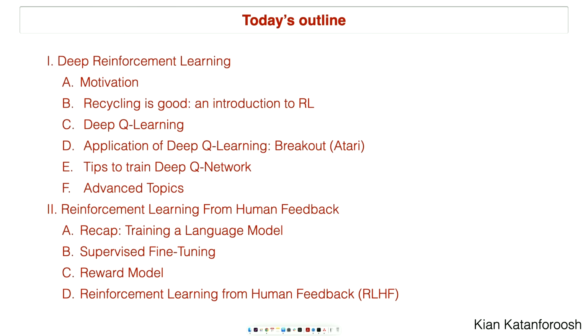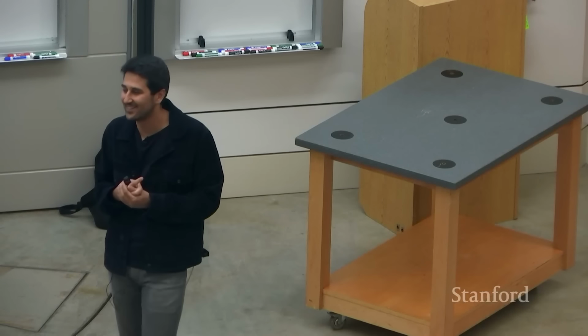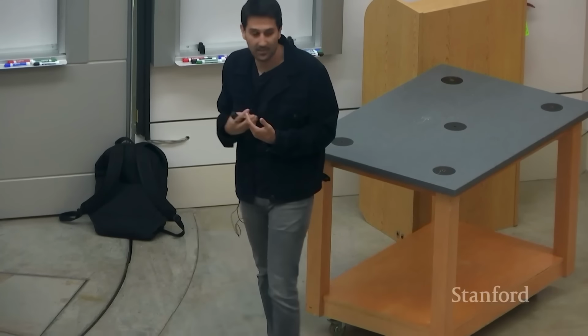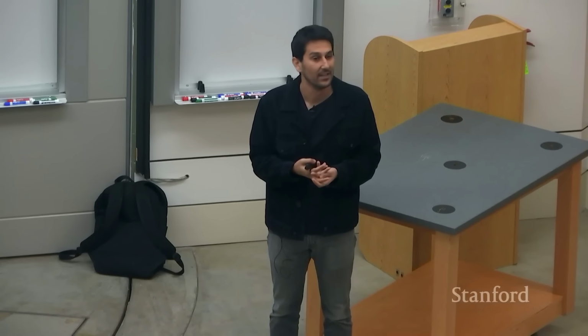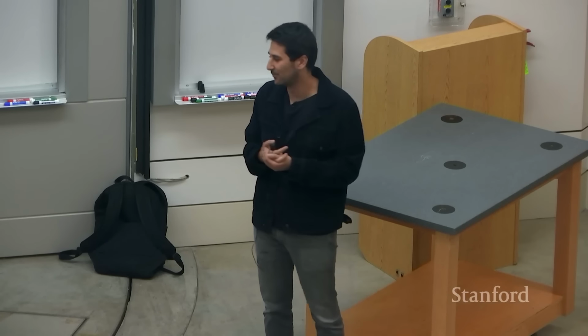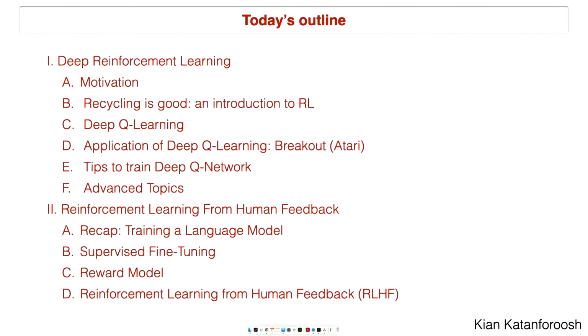That's the leap. That's really the technique that has democratized access to LLMs because of the performance improvements and the alignment with humans. So we're going to see what this concept of RLHF is, how it works, and why it allows us to align a language model to human preferences.